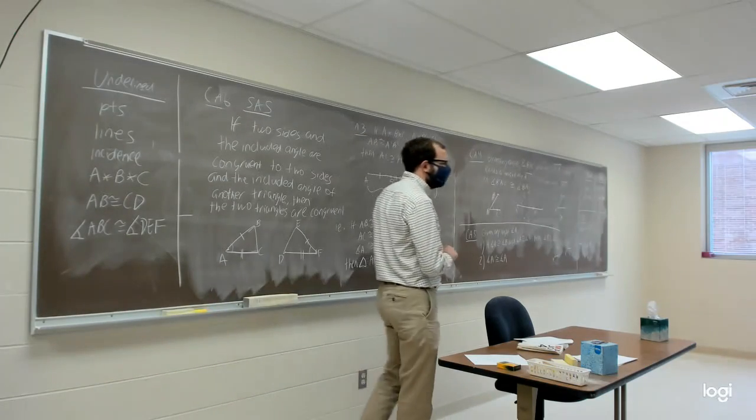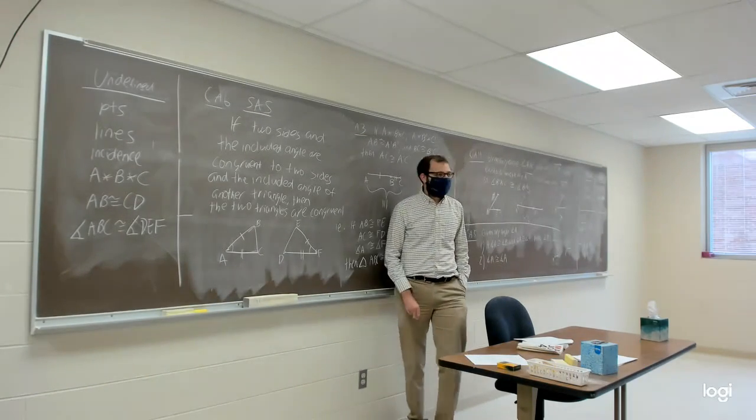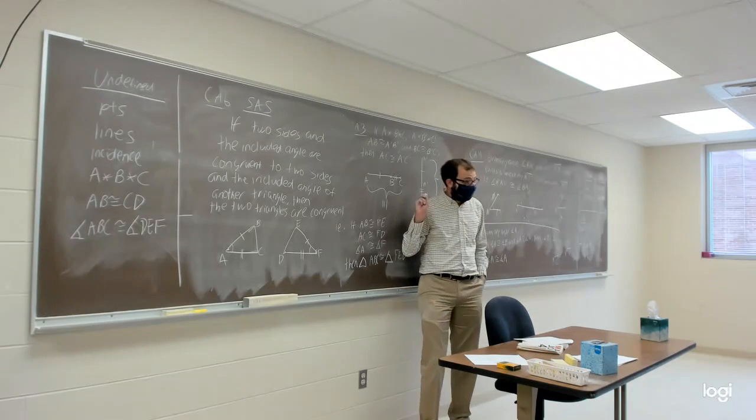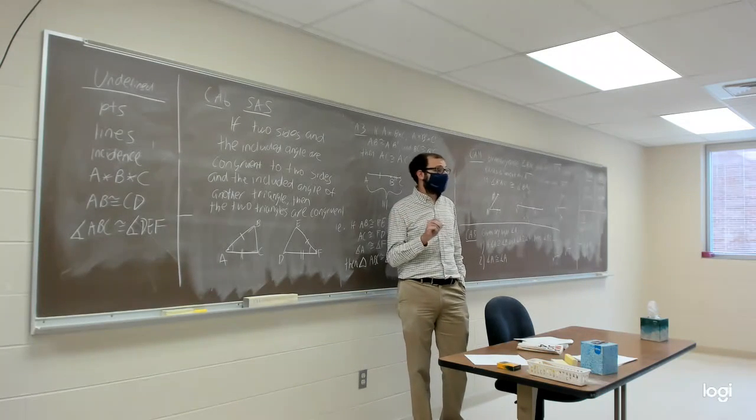So here's a question. Why side angle side? Why not side side side? Or angle angle side? Or side side angle? Or angle side side? Well, first of all, because some of those don't work.